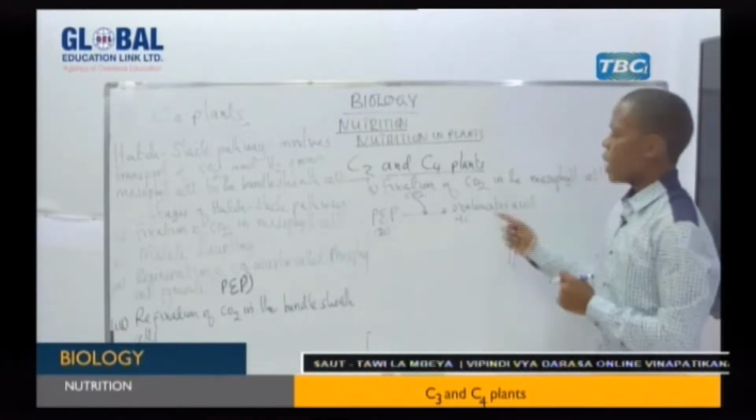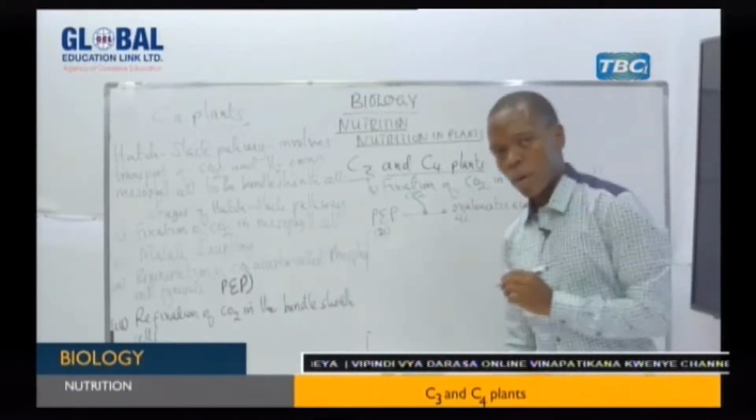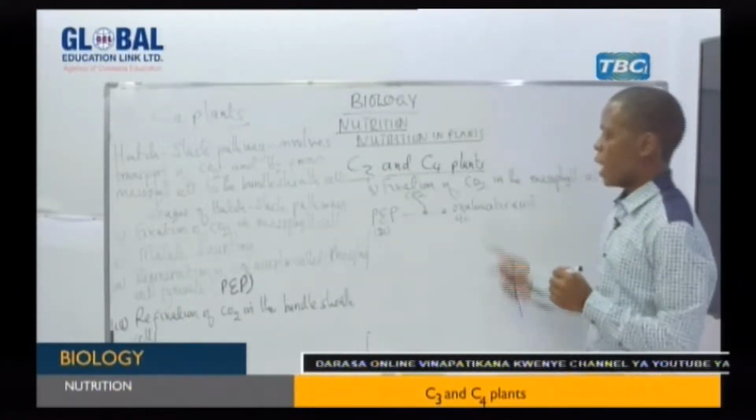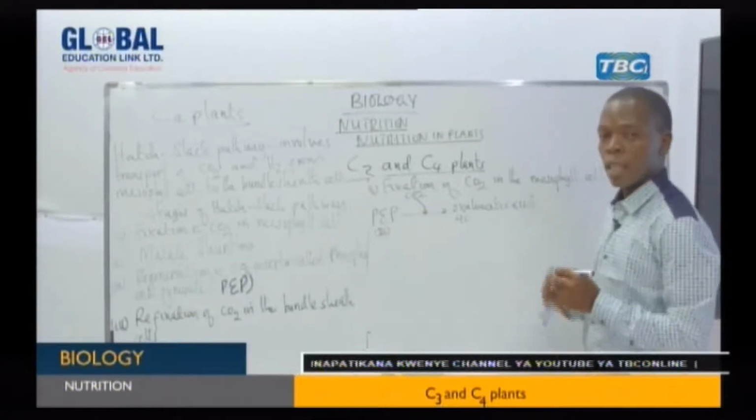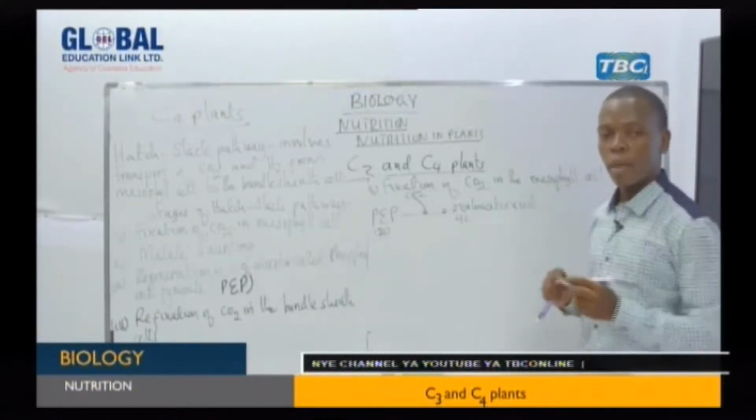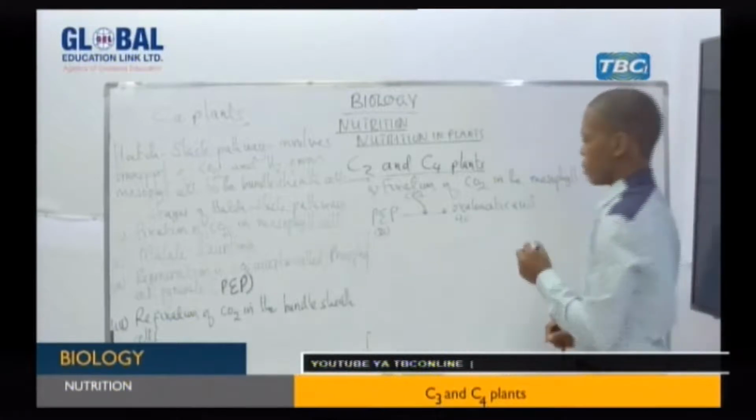After formation of this 4-carbon compound, oxaloacetic acid, it is converted into another 4-carbon compound known as malate.